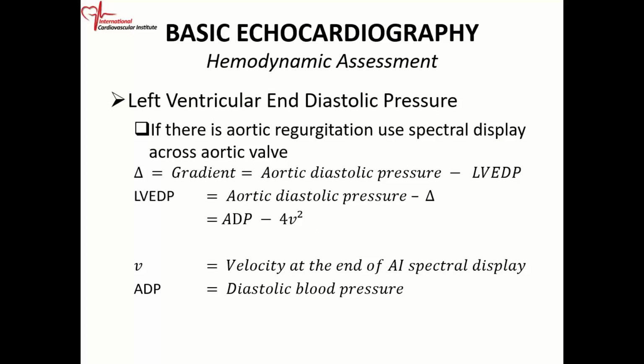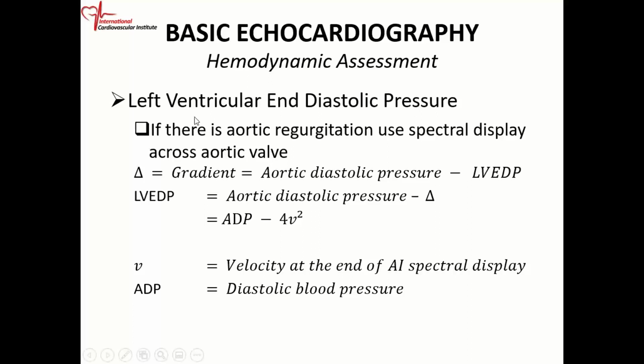So blood is going to flow from the aorta across the aortic valve into the LV in diastole. That's aortic insufficiency. The only reason that's going to occur is that the pressure in the aorta exceeds the pressure in the LV in diastole for blood to flow in that direction.